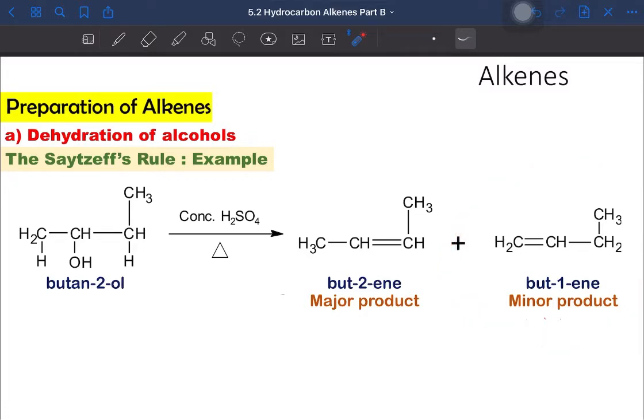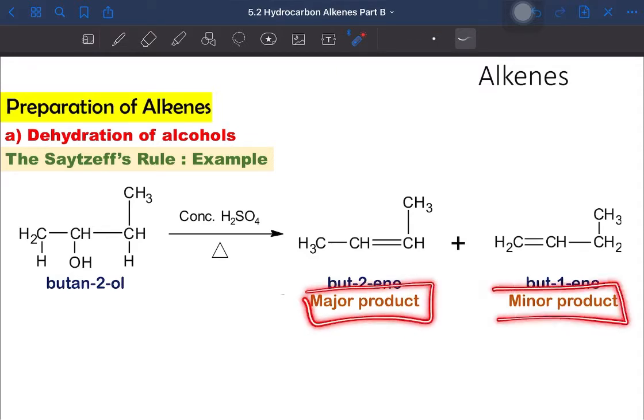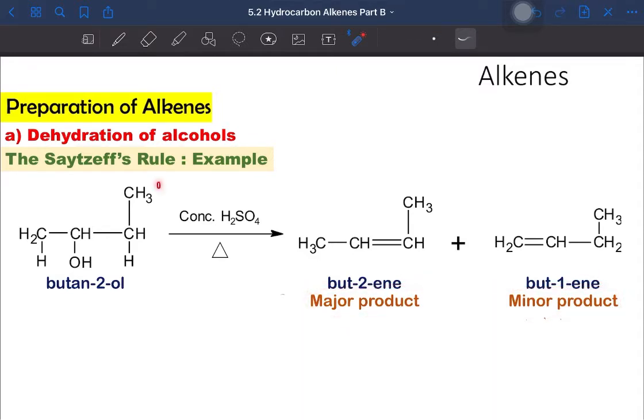Let's look at how this major product and minor product are formed just by predicting from the alcohol here. We know that we have to eliminate the water to form an alkene from the alcohol, right? So now we have to remove one hydrogen and one hydroxyl group from the alcohol. We know that we have to remove this hydroxyl group from this carbon.